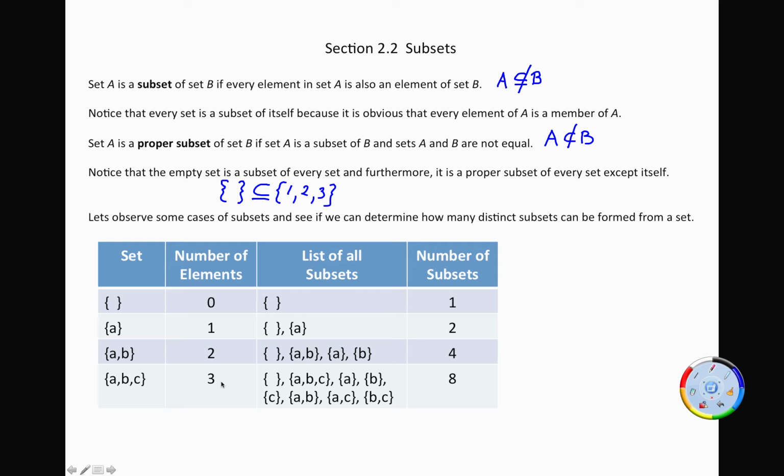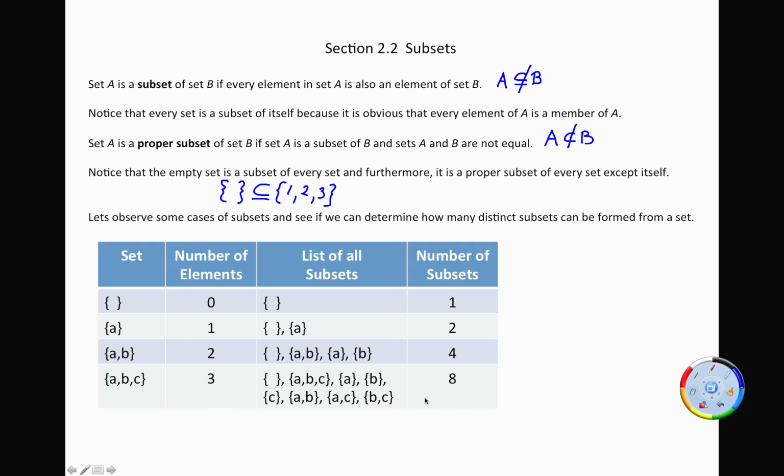If my set has 3 elements, right, cardinality of 3, then I have the empty set and the set itself. Those are subsets of every set, the empty set and the set itself. And then I have sets with simply the element A, the element B, the element C. I have a subset with AB, AC, and BC. That gives me 8 sets.